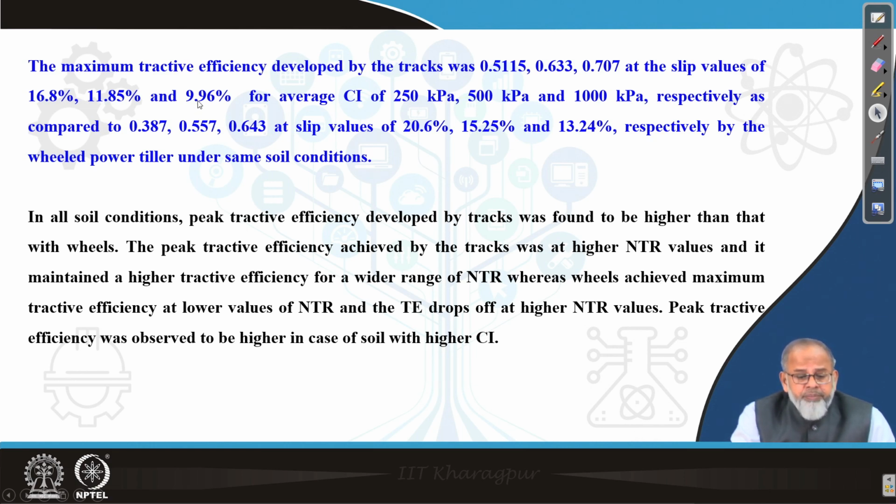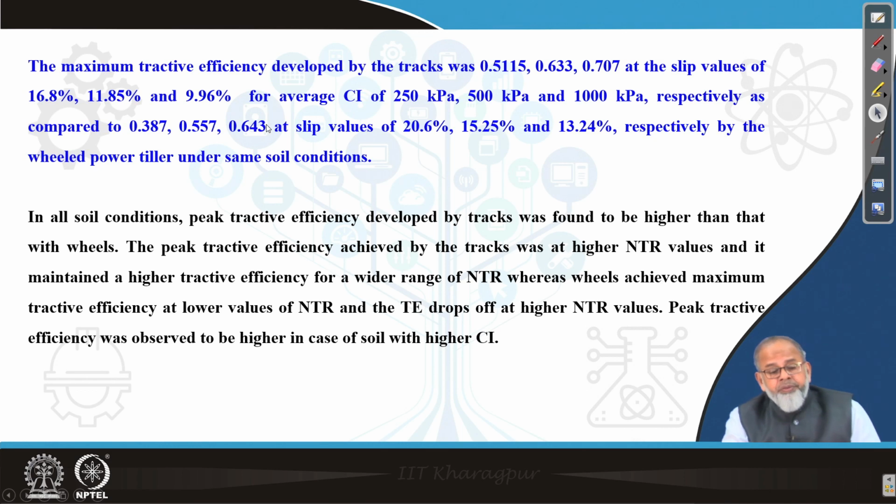That means at lesser slip values, we are getting more tractive efficiency in case of track. Whereas in case of wheel, the tractive efficiency obtained in soft, medium and hard soil, they are lower than the tractive efficiency which are obtained with the tracks.